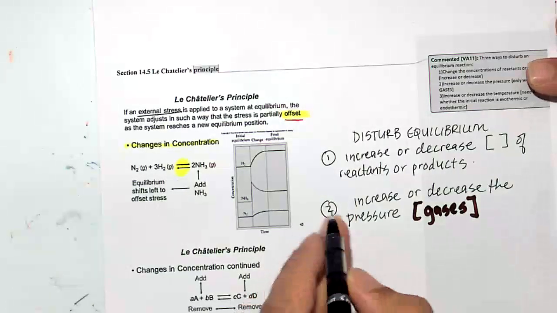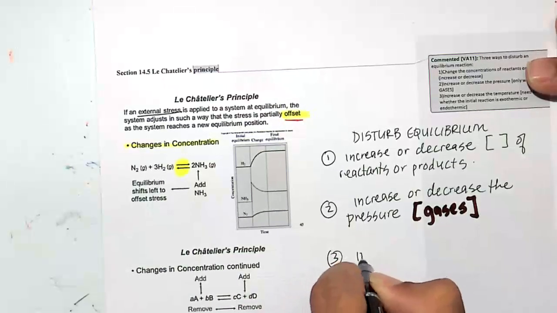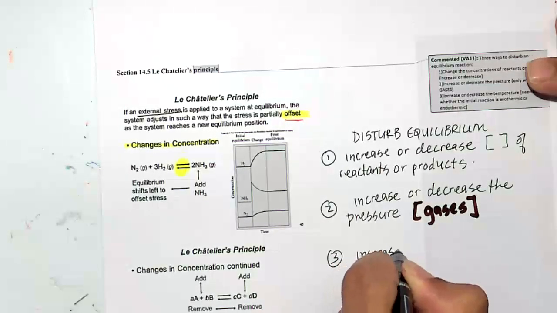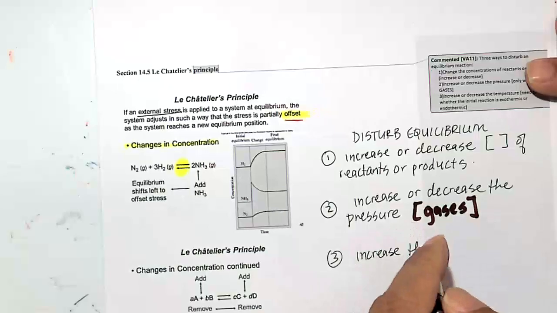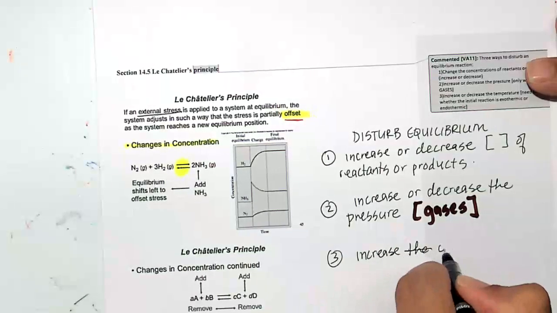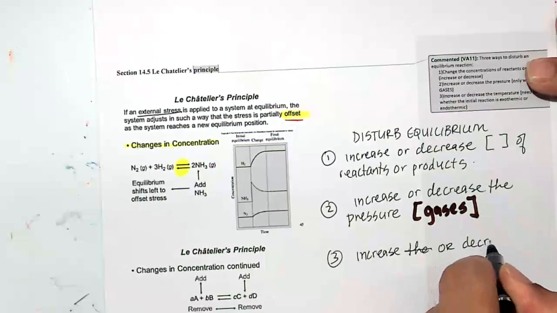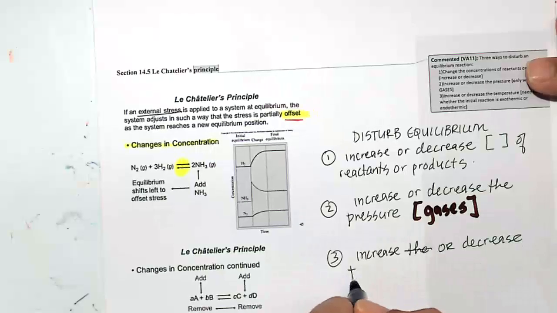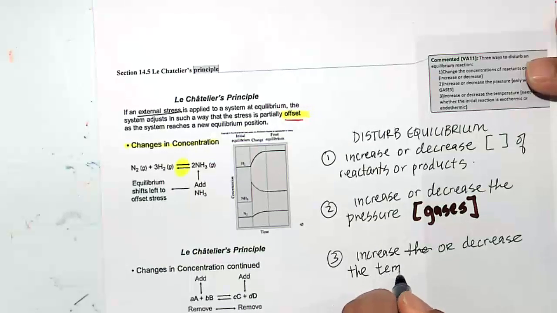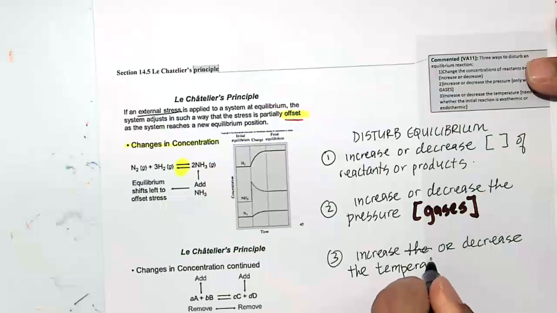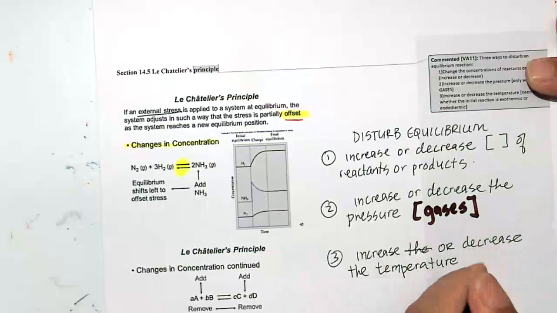And then finally, the third disturbance we can do is we can increase or decrease the temperature of the equilibrium reaction.